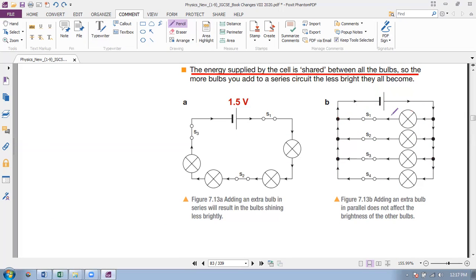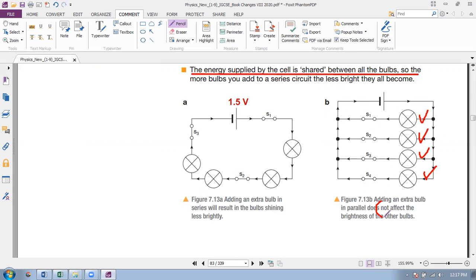There is no problem of voltage sharing. Each branch is getting the same voltage as the cell. So each bulb is getting the same voltage as the cell is supplying. So their brightness would be equal and they would be brighter. They would not get less voltage.